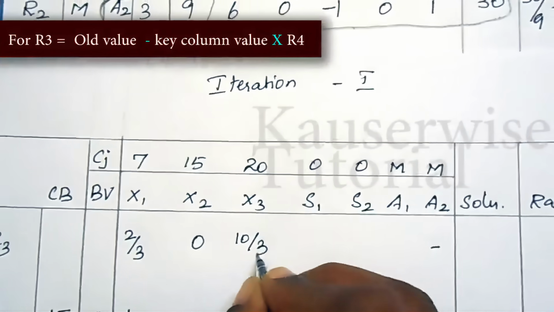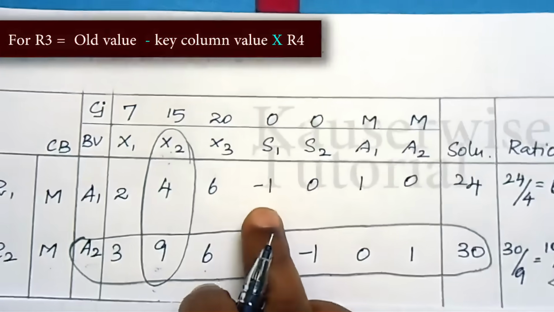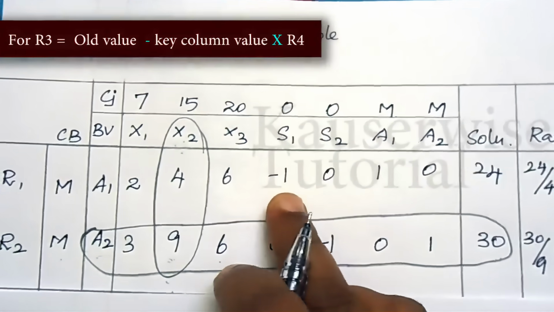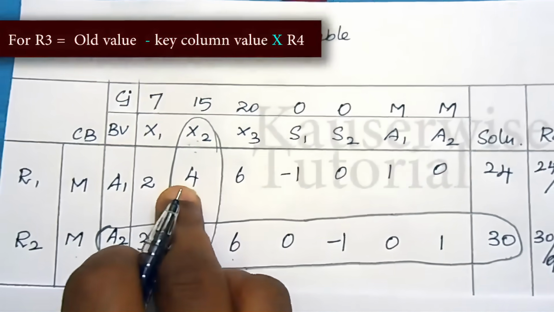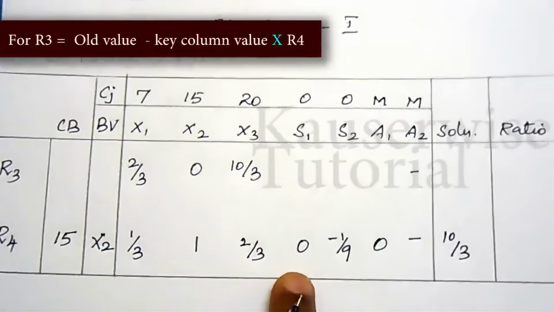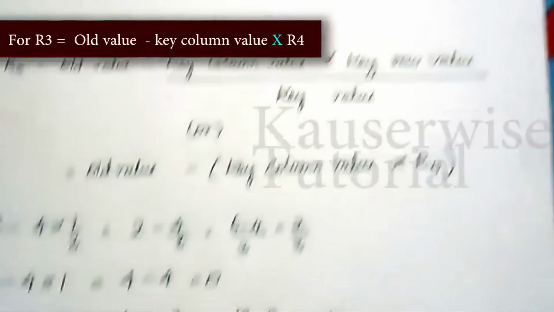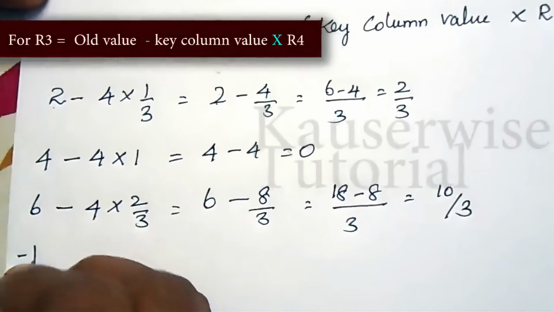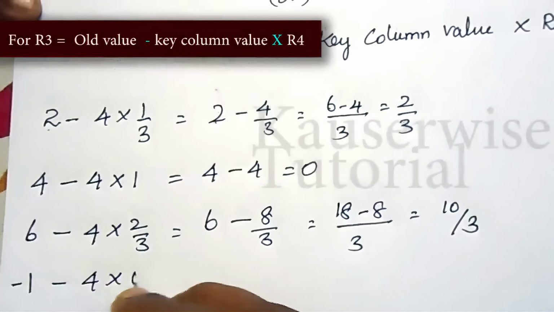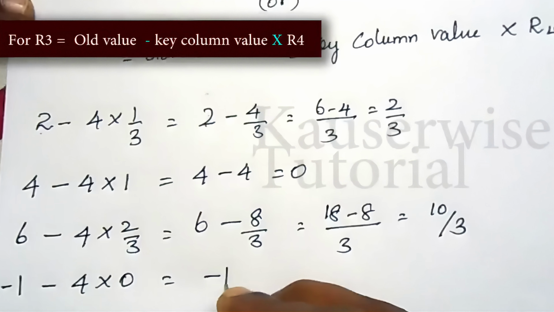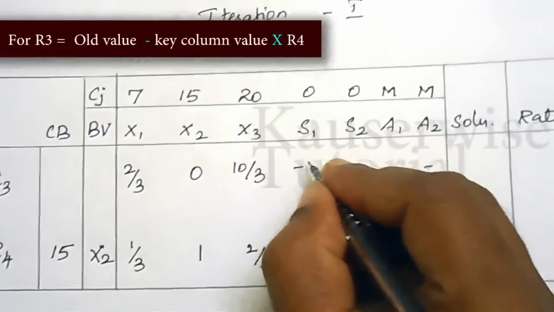For the next value, old value is minus 1, minus key column value 4 into row value 0. Minus 1 minus 4 into 0 is equal to minus 1.